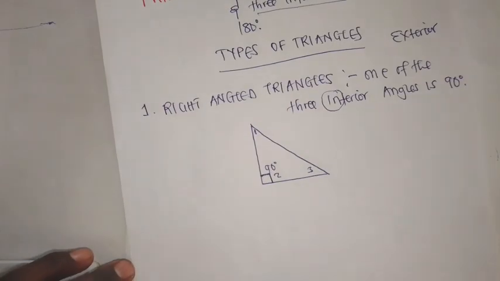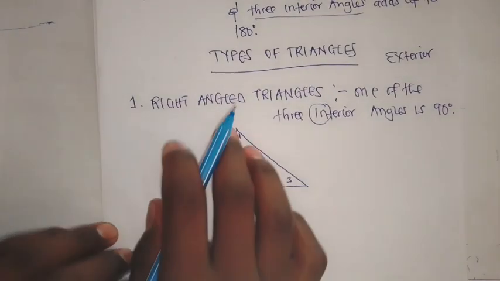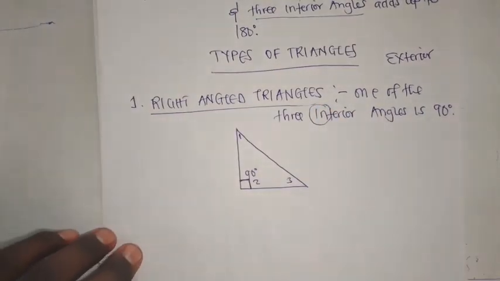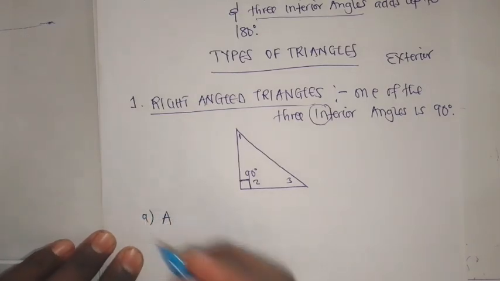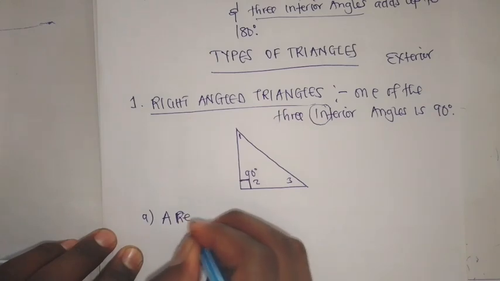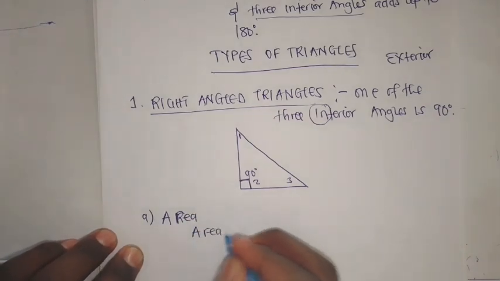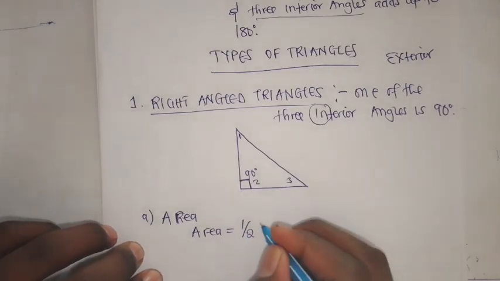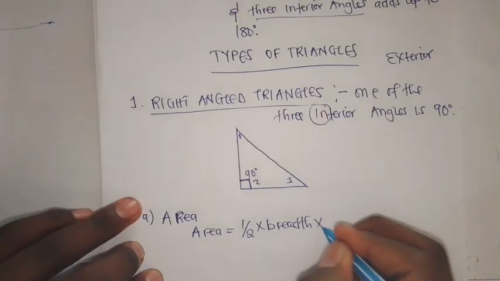To find the area under this type of triangle, let's talk about the area. Here we say area is equal to half times breadth times height.